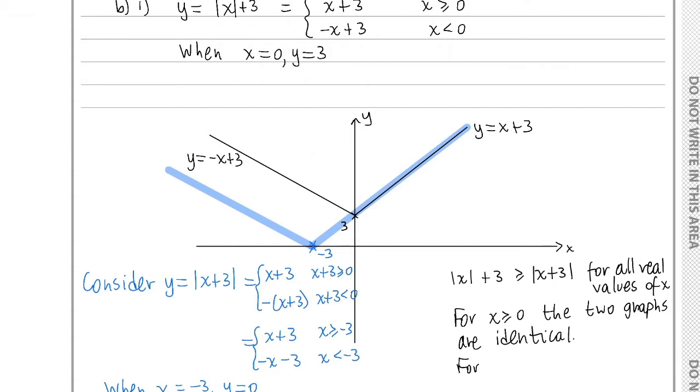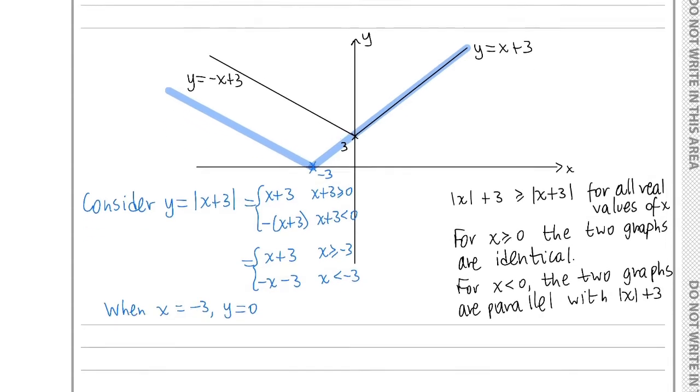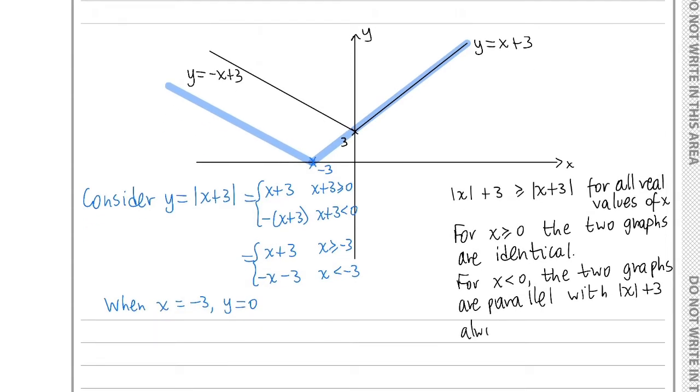For x less than 0, the two graphs are parallel, with the modulus of x plus 3 always above the modulus of x plus 3. So this is covering all the values of x. It's a good enough explanation to secure the full marks for this part of the question.